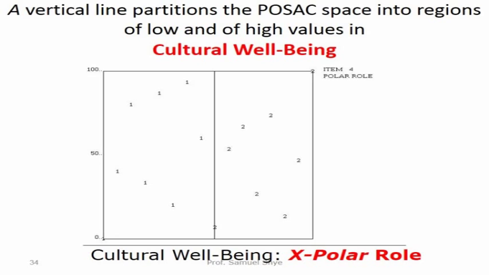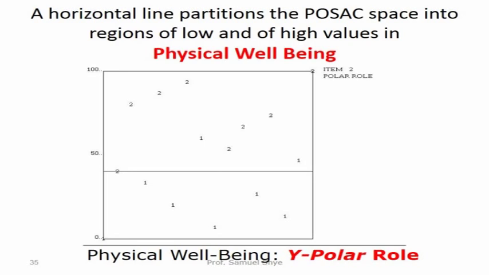This was found empirically. So we say that cultural well-being, in this case, plays an x-polar role. An orthogonal line partitions the Pozak space into regions of low and of high values in the variable physical well-being, associating it with the y scale. We say that the physical well-being is a y-polar role.